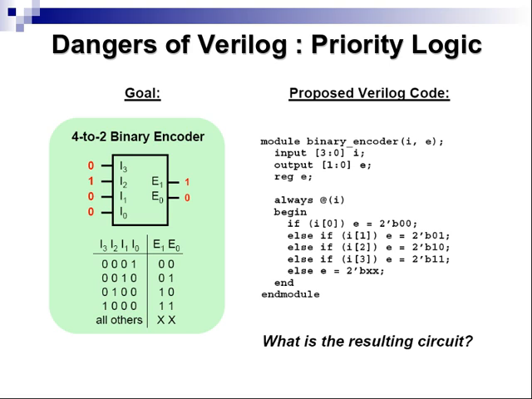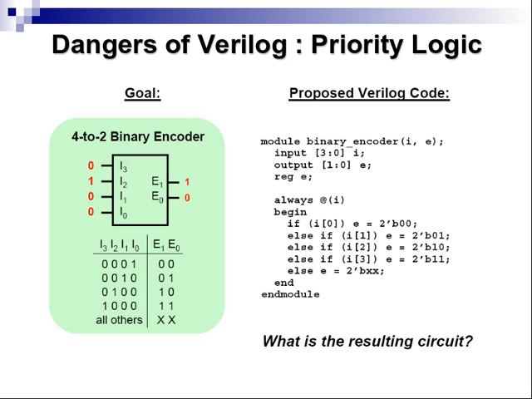So what do we mean by I0 here? I bracket 0, the first bit of I, and this is the second bit. And here always at I means whenever any bit of I changes. I is 4 bits, output is 2 bits.